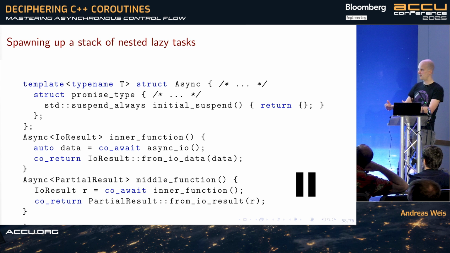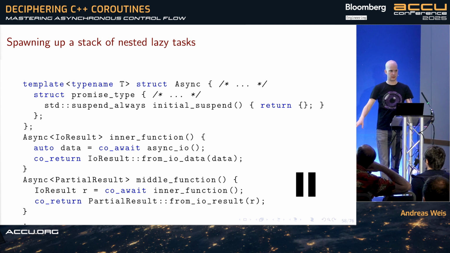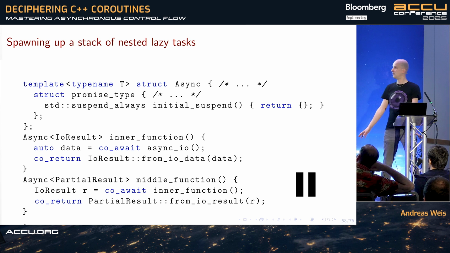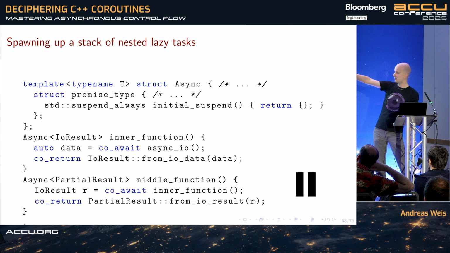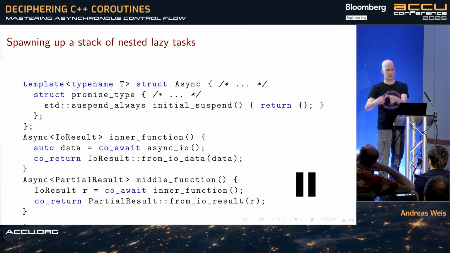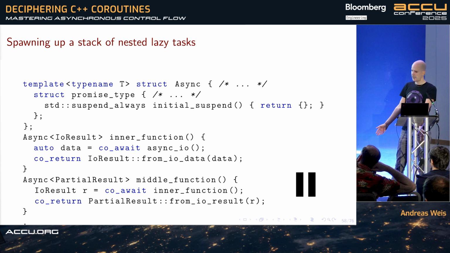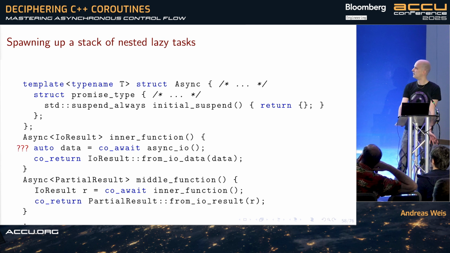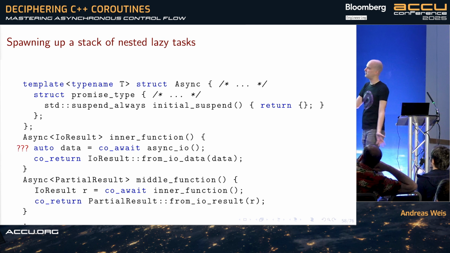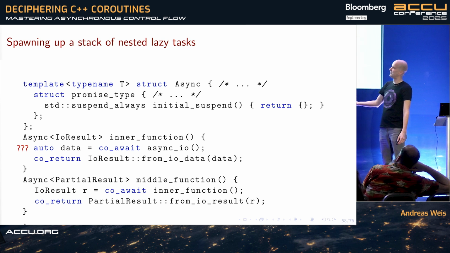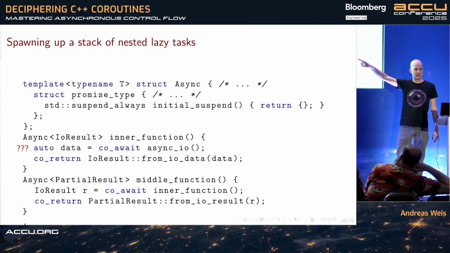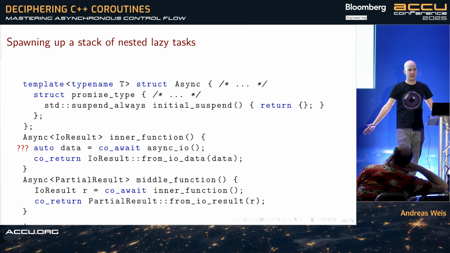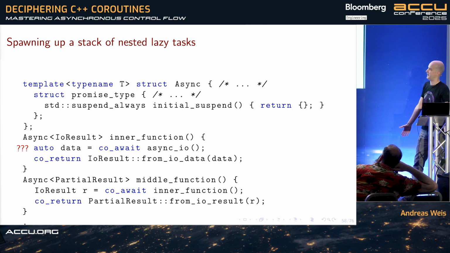And now the middle function also co-awaits, so it also goes to sleep. So all is good, right? Because when the middle function does the co-await, the scheduler is propagated, so it's all good. But wait, no, it's not good. The inner function didn't do anything, right? We never started the async I/O. Everything just goes to sleep right away. This is not useful, right?